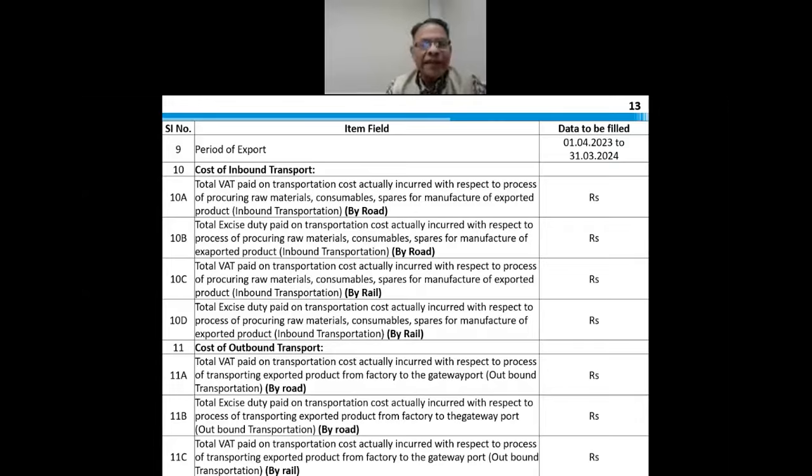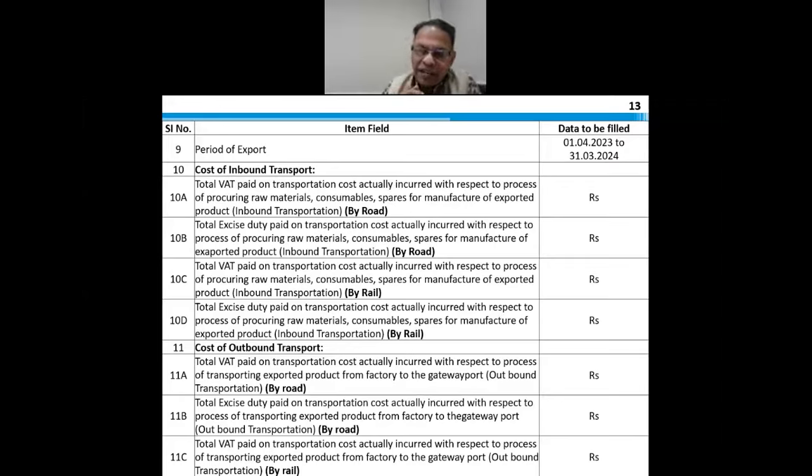And 10D, again by rail. 4 elements you have to calculate. Inbound transportation, total VAT paid, total central excise duty paid by road. And if the same goods are coming by rail, then what is the excise duty and what is the VAT paid when the transportation is by rail?